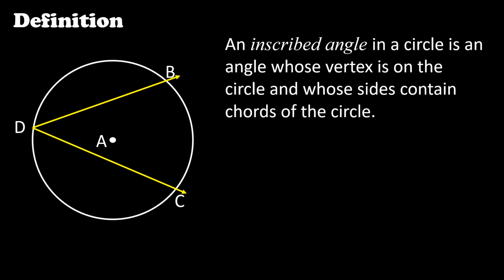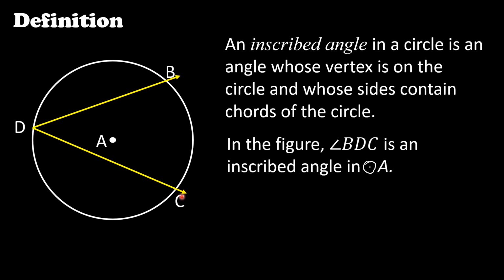Notice that ray DB and ray DC form an angle, that is angle BDC, since they have a common endpoint, that is point D. And since point D is on the circle, ray DB contains chord DB and ray DC contains chord DC.